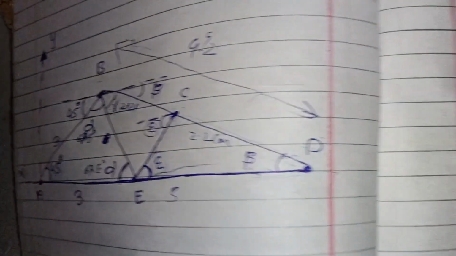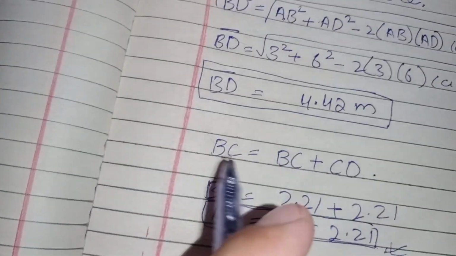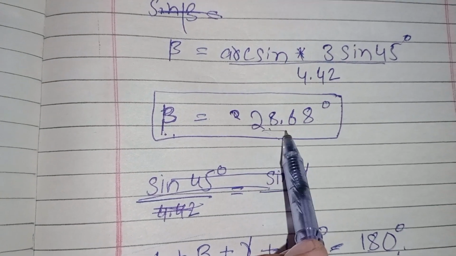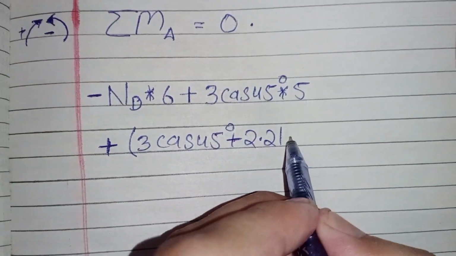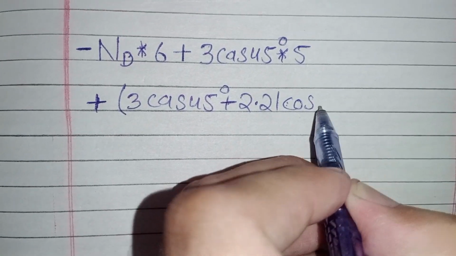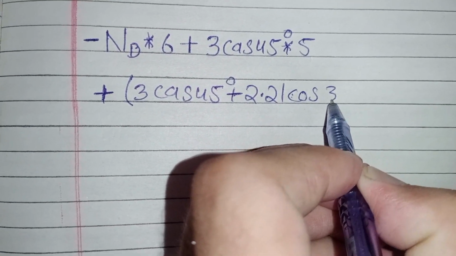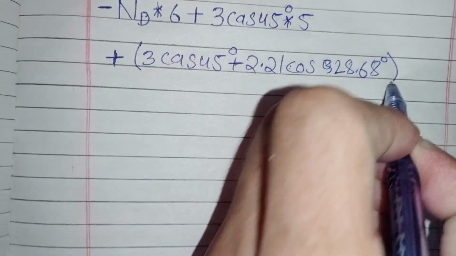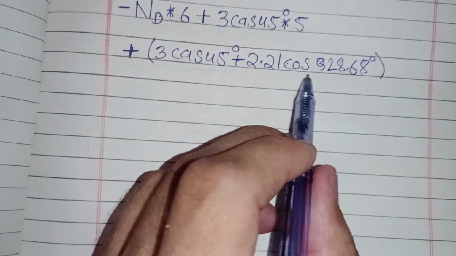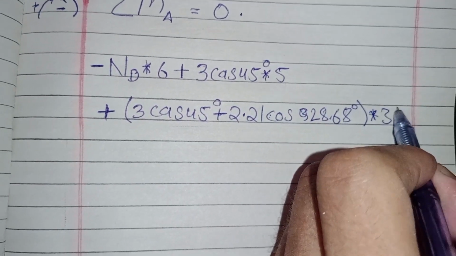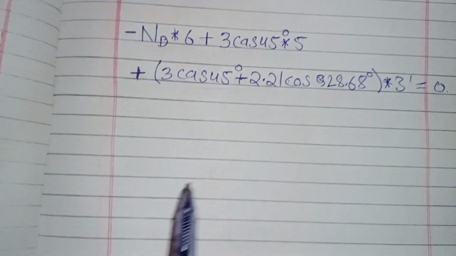So we will take this beta. So beta value is this 28.68. So cos beta is 28.68 degrees. Okay, this all is length multiplied by 3 kilonewton, equal to 0.